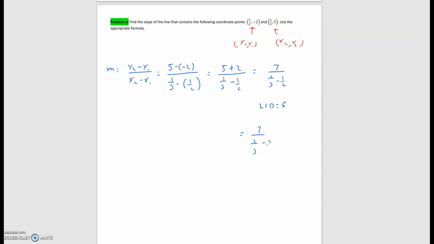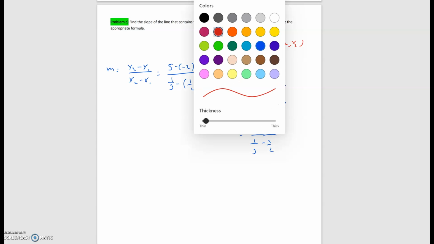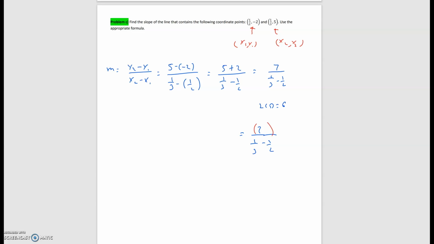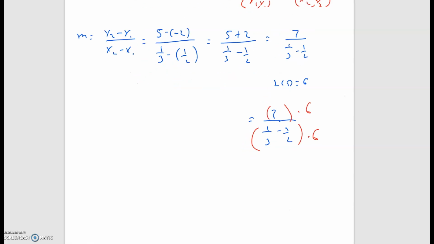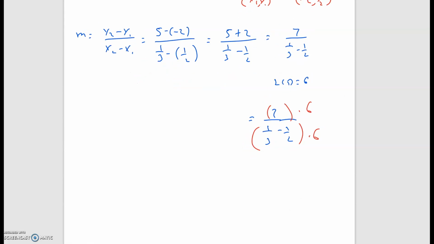So this is minus 1/2. And as we multiply top and bottom by the LCD, it's going to cancel the fractions. It will make some of the values larger, but it'll still guide us towards the correct solution, except that it'll be a little bit faster.